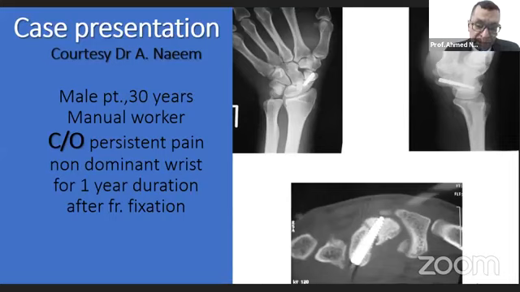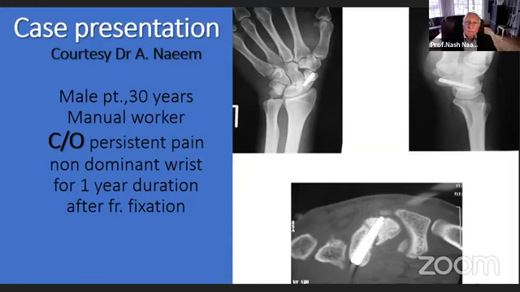And maybe I think this is the scenario in this case in particular. But as shown in the CT, if I put my screw from the proximal part, I believe that I have a better purchase in the scaphoid, and I will be perpendicular to the fracture, and this will give me a better stability.